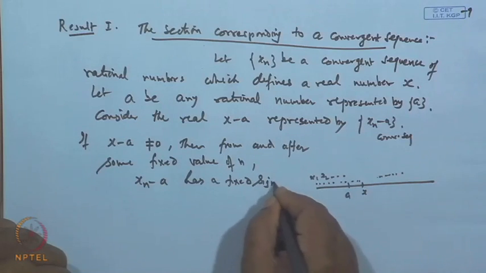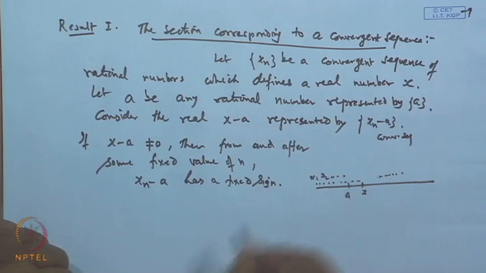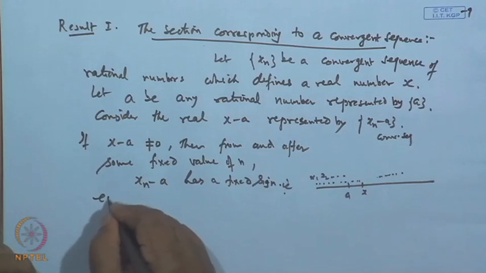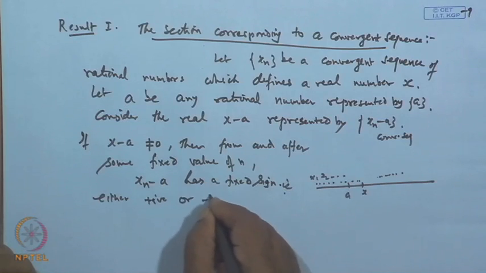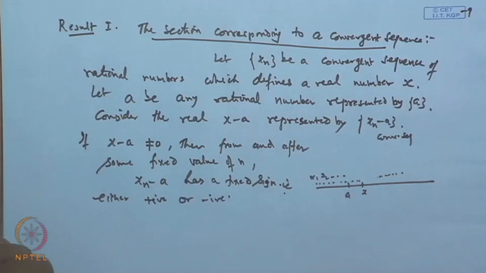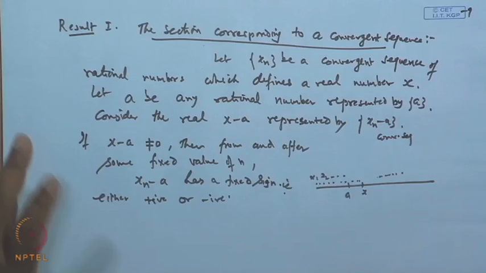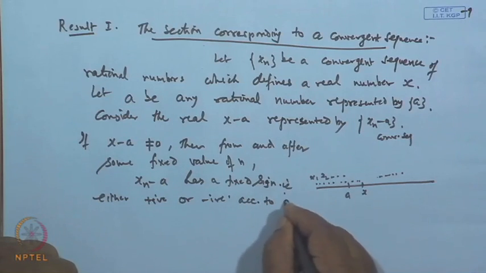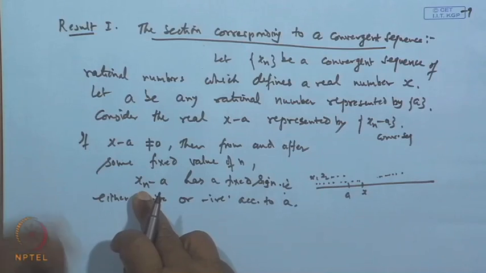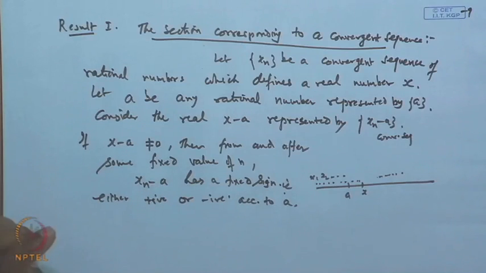This is clear, because this has a fixed sign, that is either positive or negative. This sign depends on a, according to the value of a. If a is greater than this it will be negative, otherwise it will be positive also.